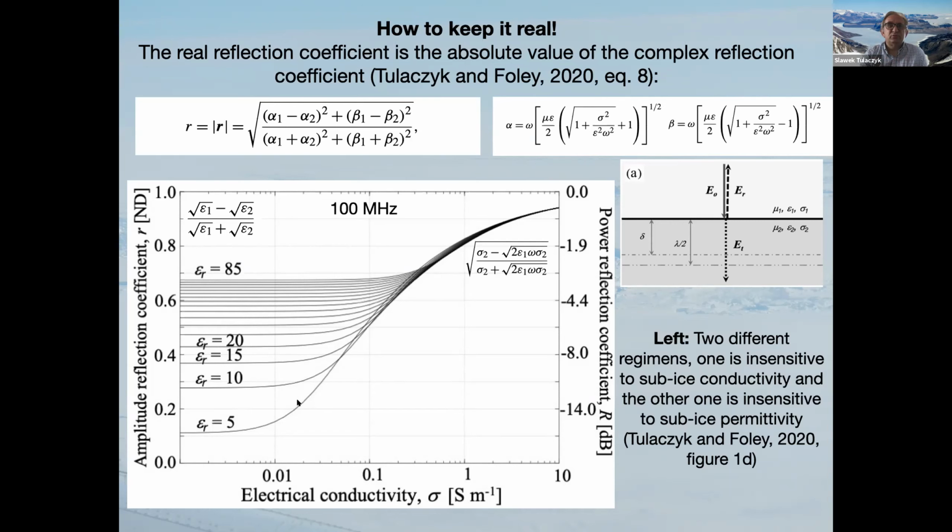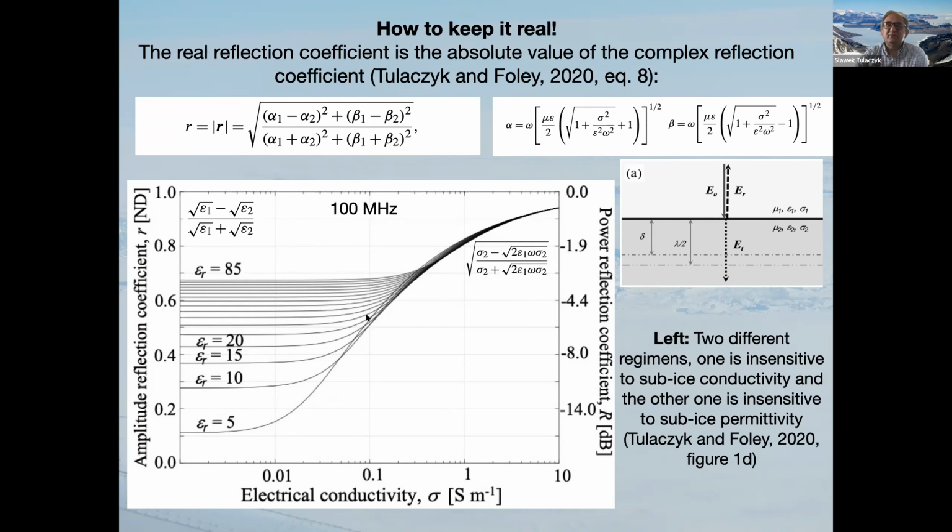Then this starts to roll over and you start developing a pretty sensitive dependence of the reflection coefficient on conductivity. And then ultimately in the right-hand side regime, we collapse all these lines together. So it no longer matters what permittivity the subice material is.